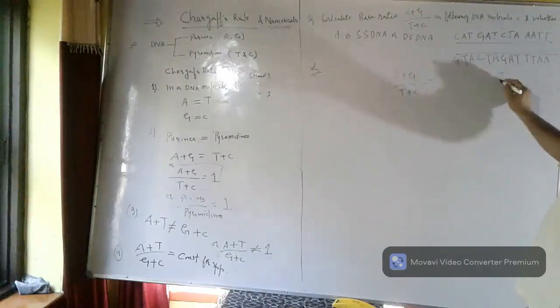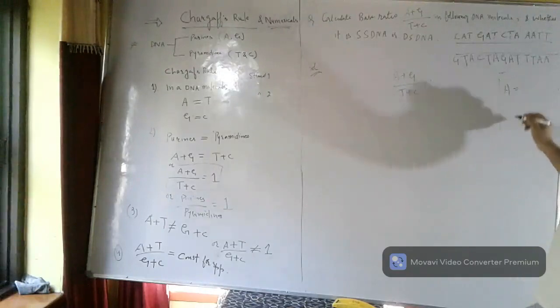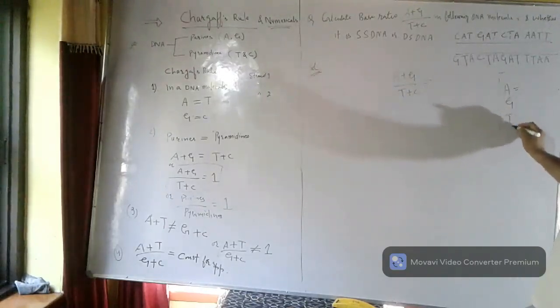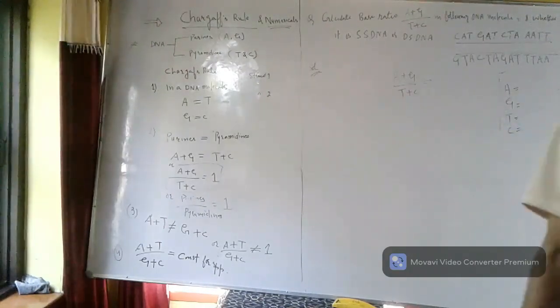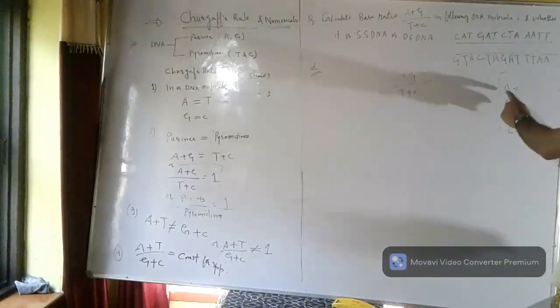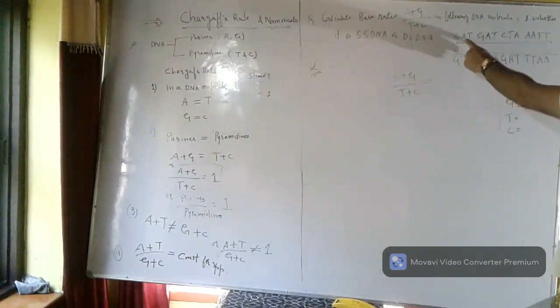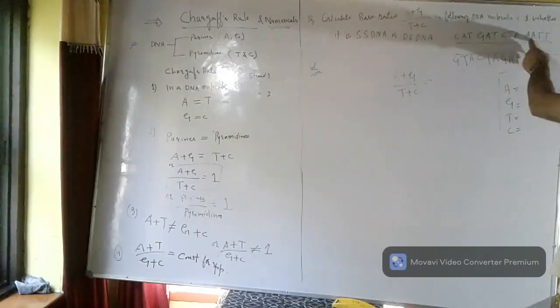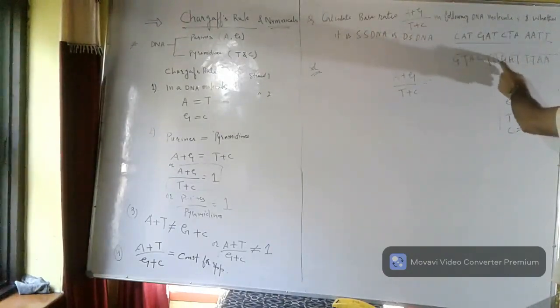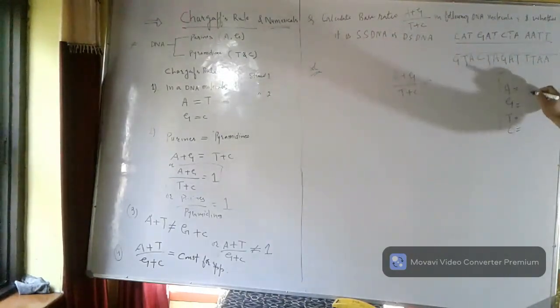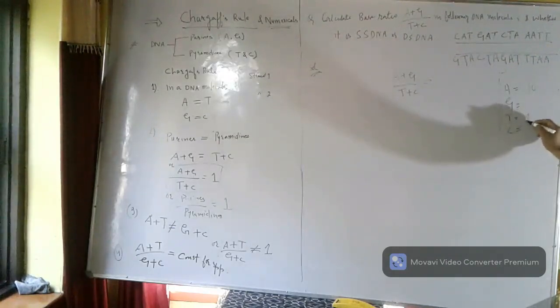We have to calculate adenine, guanine, thymine, and cytosine. How many adenine are there? 10. That means 10 adenine, so there will be 10 thymine.